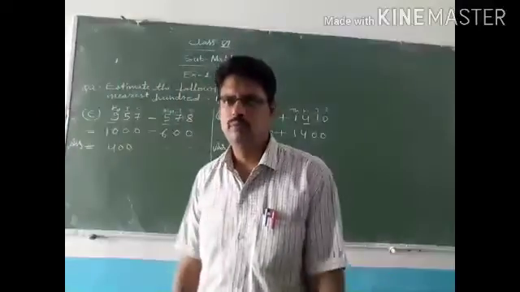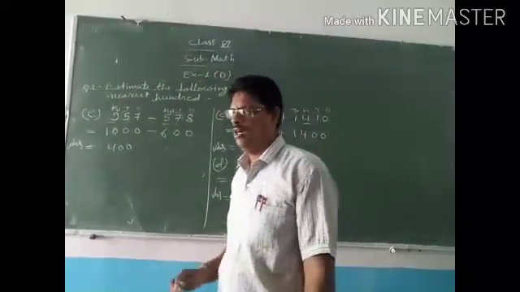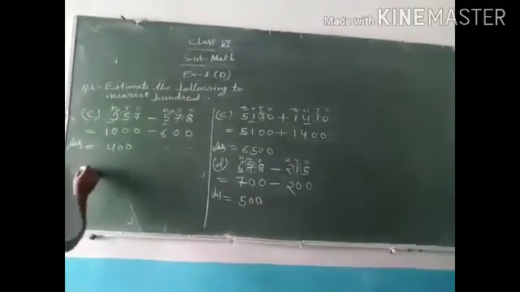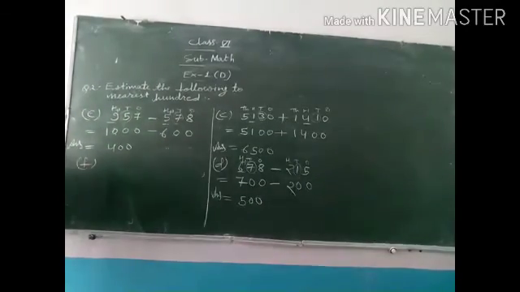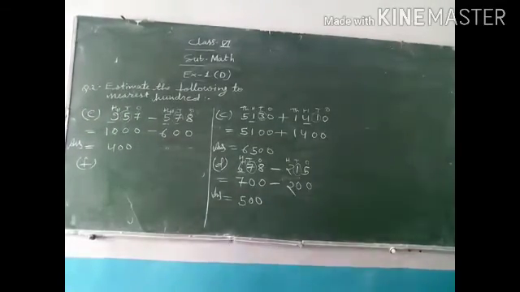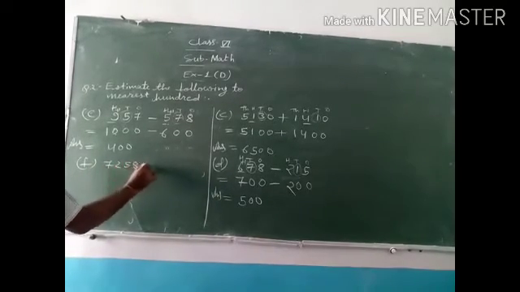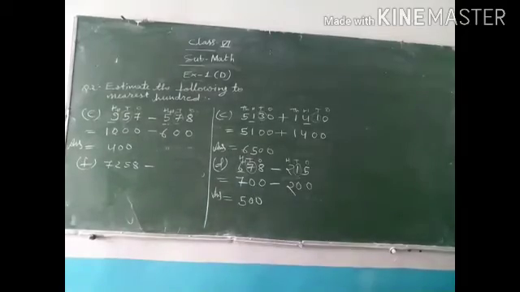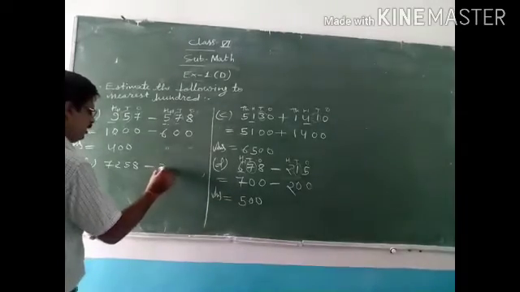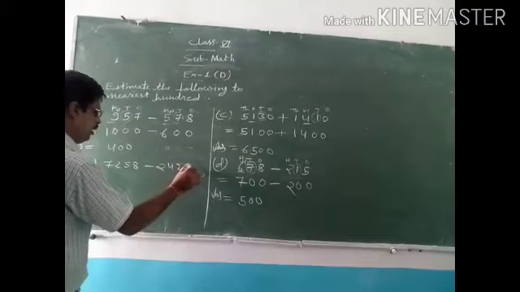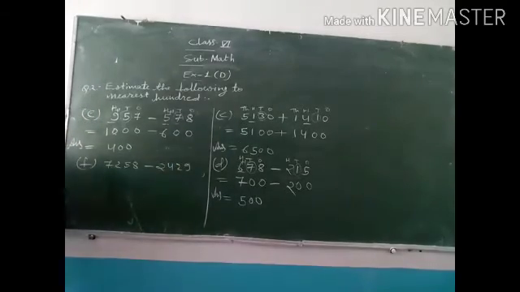Understood? So now the last part of this question we have to solve. 7,258 minus 2,429. Okay.